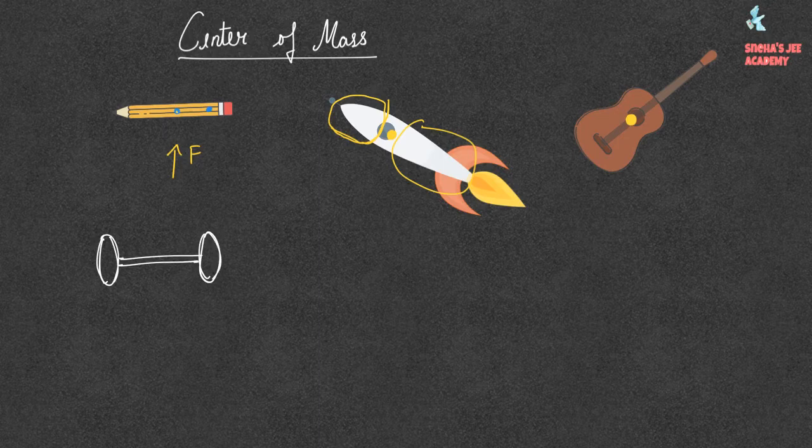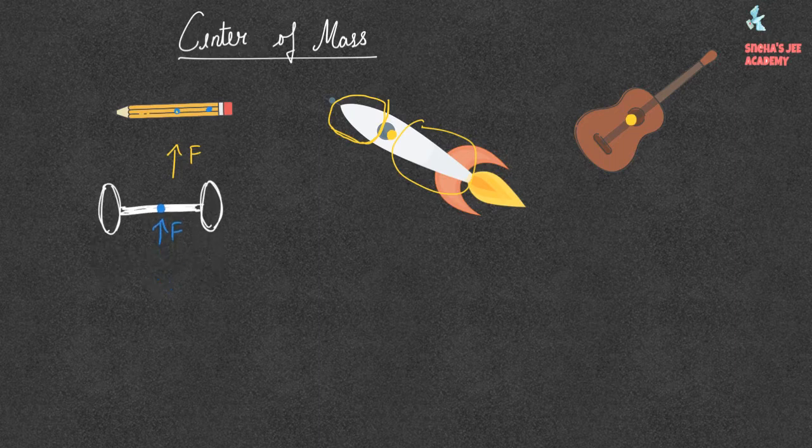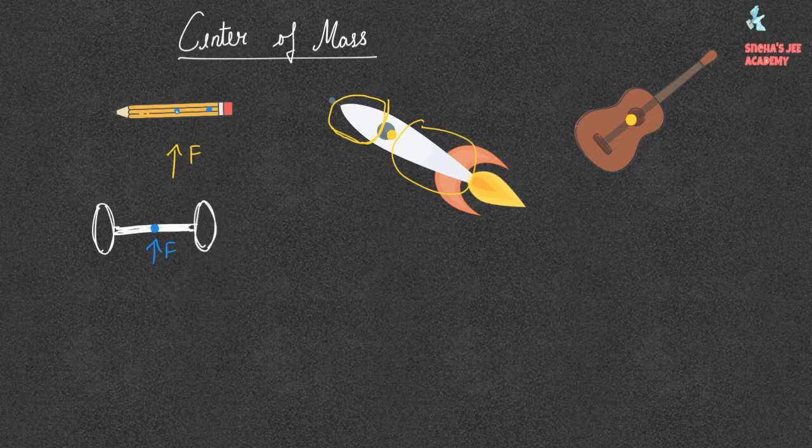The discs are of the same weight, and the rod is of steel or iron or anything. So the center of mass will be exactly in between, as both the discs are of the same weight. If any force is applied over here, the whole object will move in a linear way like this. But if any force is applied to the ends, it will rotate. So if a force is applied here, the object will rotate.